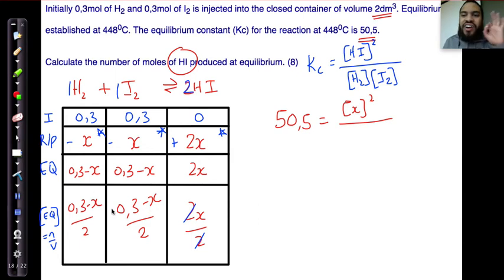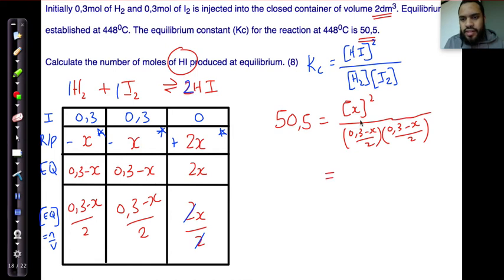But they are identical, and because they are identical, I'm going to write it out the long way for you for now. 0.3 minus x all over 2 multiplied by 0.3 minus x all over 2.